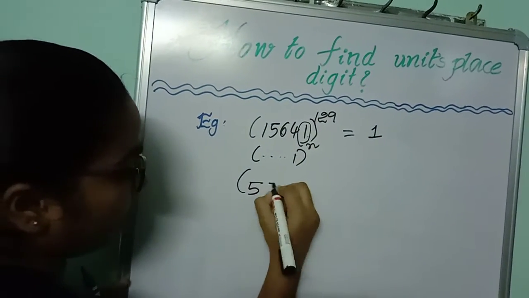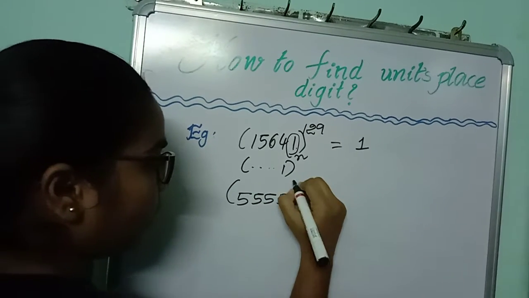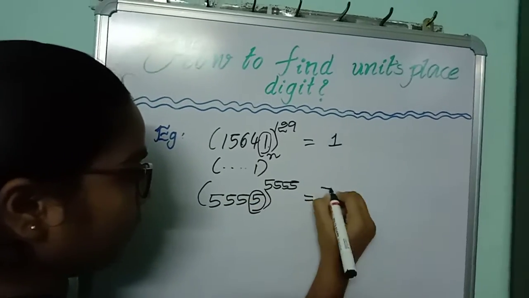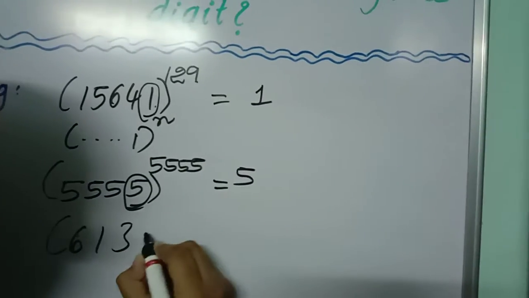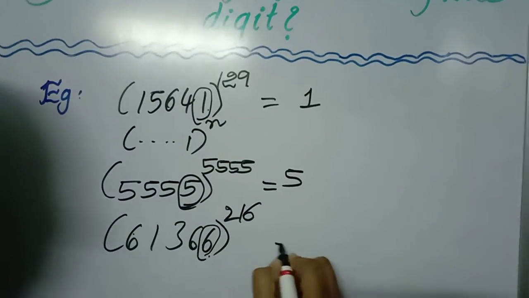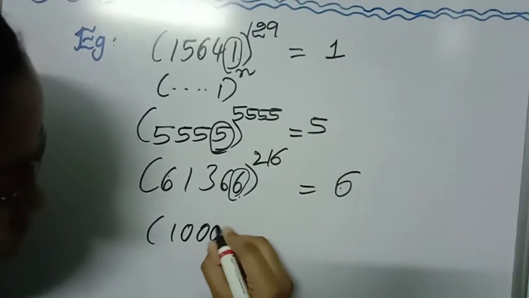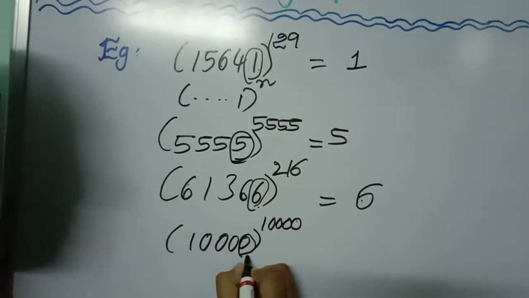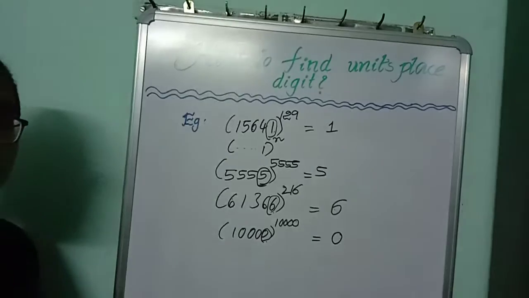If a number is in the form of 5555 whole power 5555, then the unit digit becomes 5, since the unit digit here is 5. And 61366 whole power 216. Here it ends with 6, so here also it is 6. Now 10,000 whole power 10,000. Here it ends with 0, so here also it is 0. This is the first type.